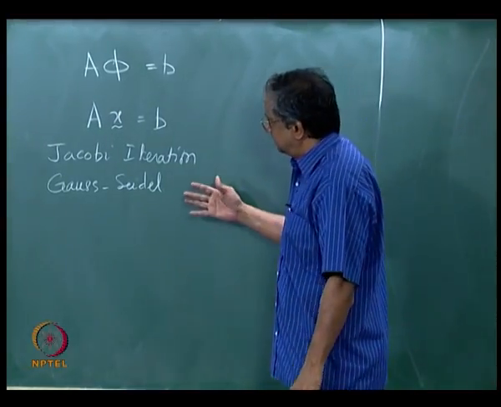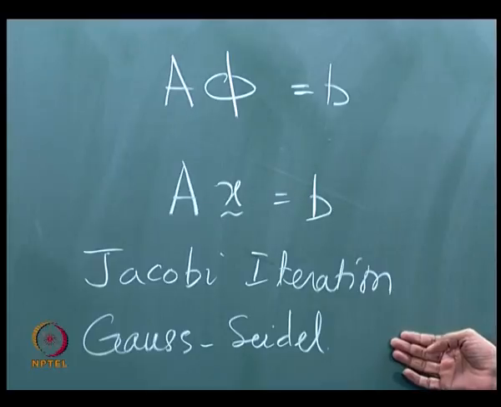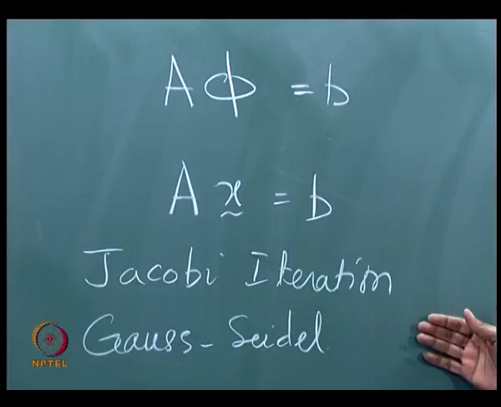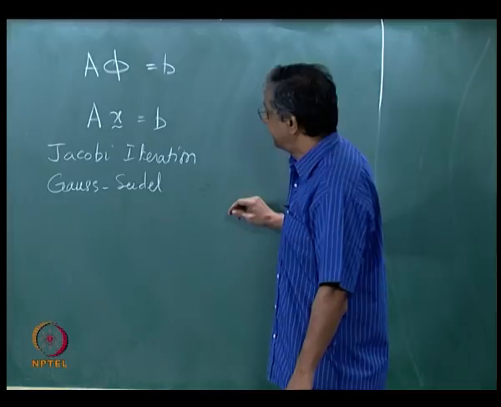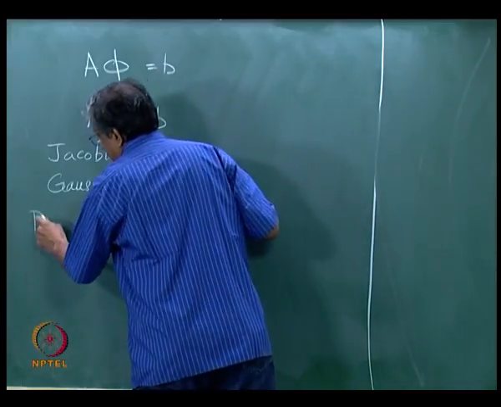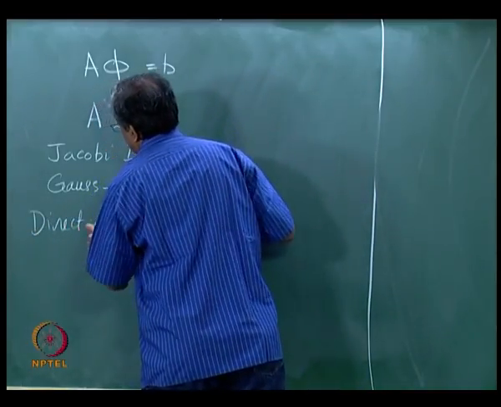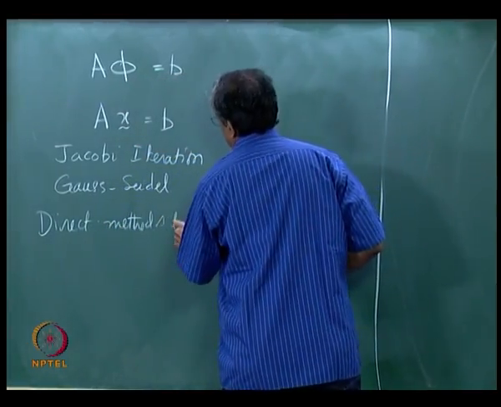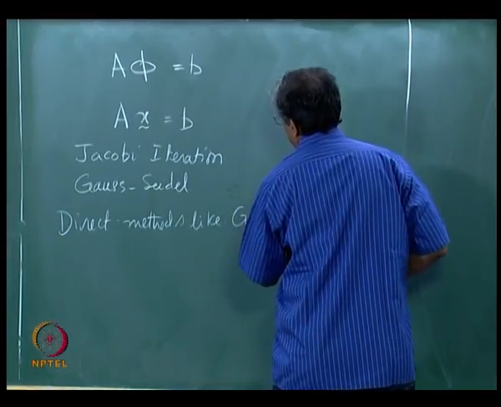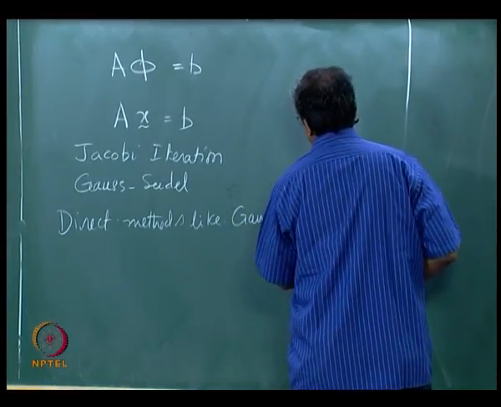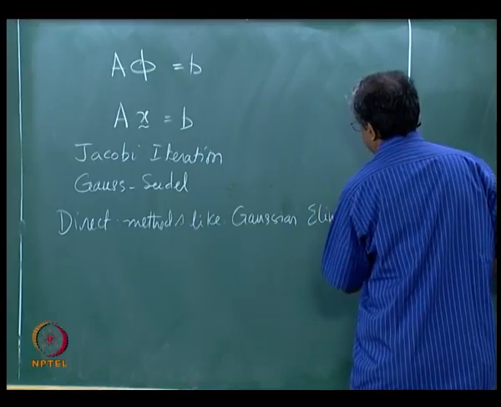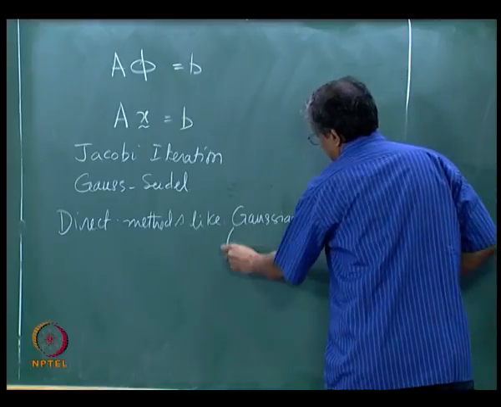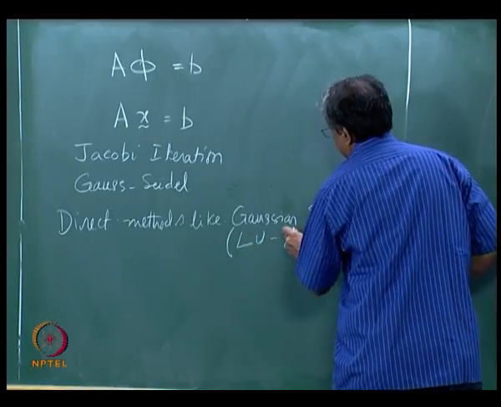Now, both of these schemes are iterative schemes as opposed to direct schemes like Gaussian elimination, or an equivalent which is LU decomposition, okay. So, we are not talking about using a direct method. Direct methods like Gaussian elimination, we are not going to do this, or equivalently LU decomposition.